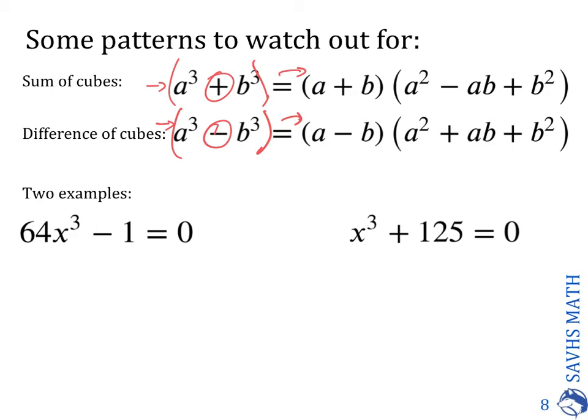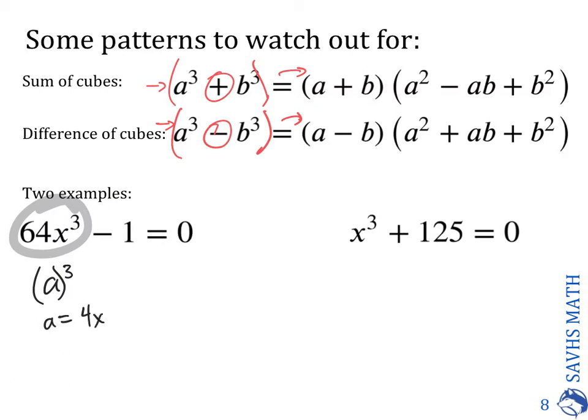Okay, so what I'm going to do here is identify this as a cubed. But you can't just say that this is 64 cubed or 64x cubed. You have to think about what times itself 3 times gives you 64x cubed. And so what we have to say is a is 4x.